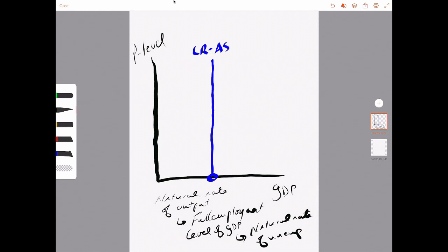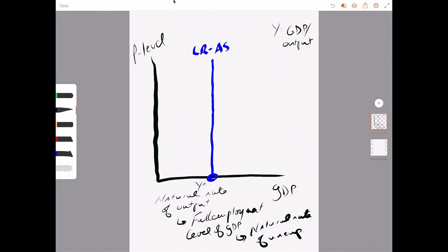So this is the natural rate of output. It's the output that the economy will go to when it is in equilibrium. We would label this point with a Y with a little asterisk beside it. Y is, don't ask me why, but Y is the economist shorthand for GDP, or output.